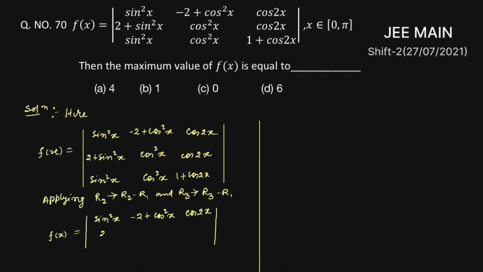So that is 2, 2, 0. For the third row, we do R3 minus R1, this minus this, we get 0, this minus this, we get 2, this minus this, we get 1. So that is 0, 2 and 1.